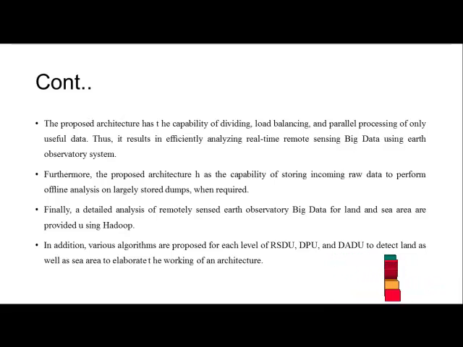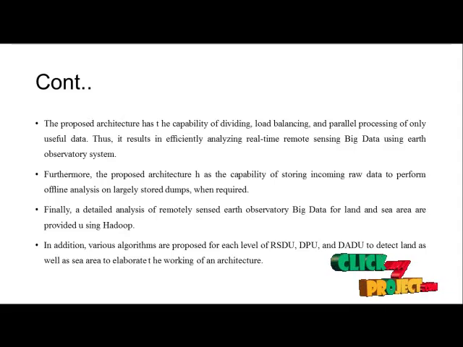The proposed architecture has the capability of load balancing and parallel processing of only useful data. Thus, it results in efficiently analyzing remote sensing big data using the Earth observatory system. Furthermore, the proposed architecture has the compatibility of storing incoming raw data to perform offline analysis on the largely stored dump when required.